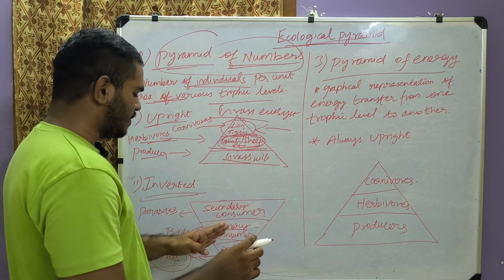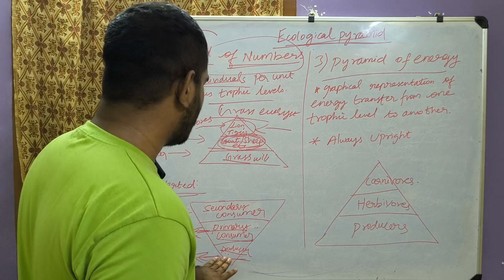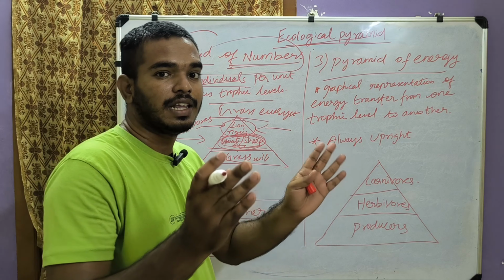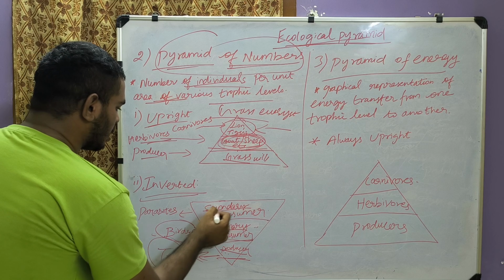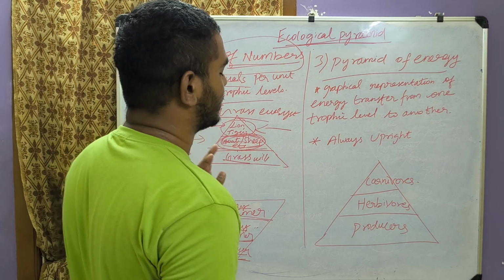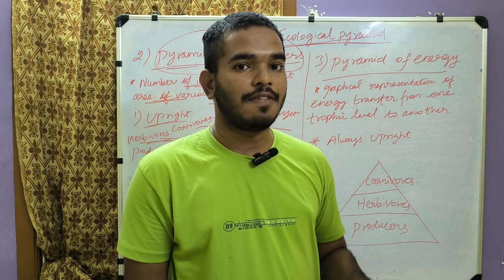Generally, if you consider some tree ecosystem, the number of trees will be less than the number of birds that live in that ecosystem. Again, the number of birds will be less than that of secondary consumers or parasites. Parasites here are those which feed on dead organisms.